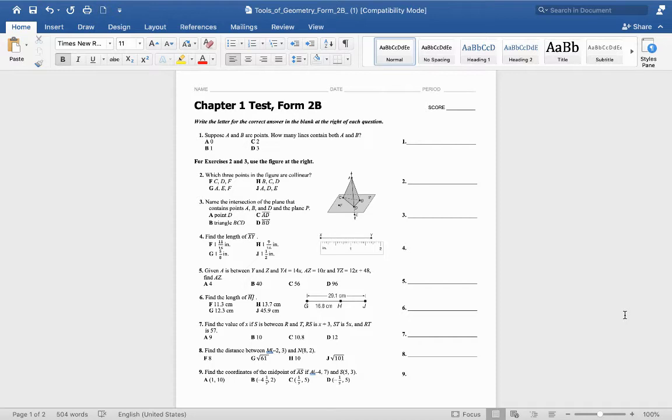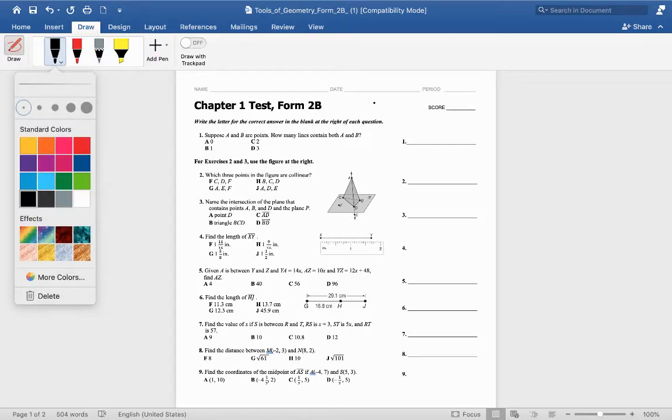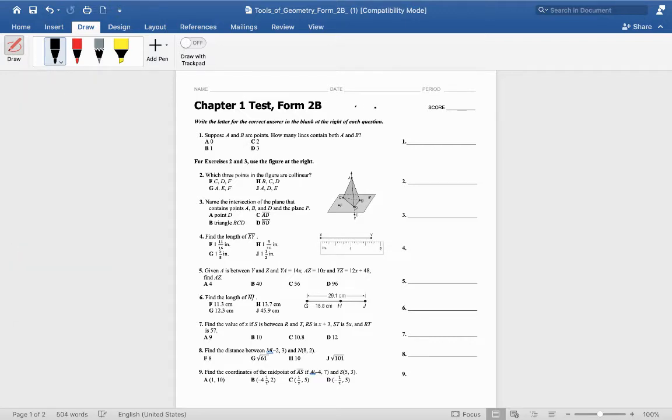How many lines contain both point A and B? So if you were to draw A and B, we could call this A, and we could call this B. A right here, and B right here.